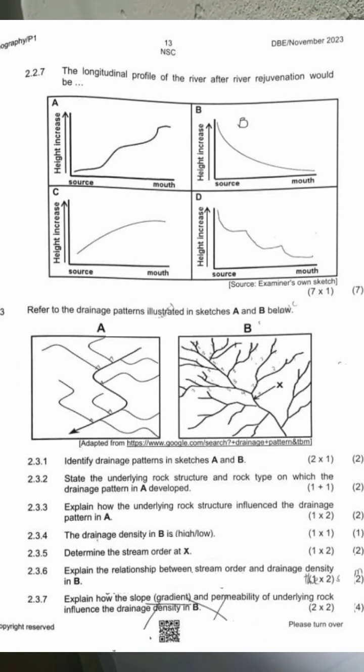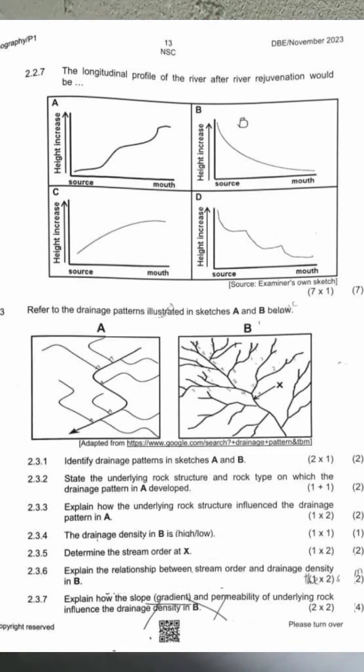State the underlying rock structure and rock type on which the drainage pattern in A developed. So go back again, remembering our drainage patterns. So A is a rectangular pattern, right? What do we know about A? First of all, its rock structure. Let's talk about its rock type.